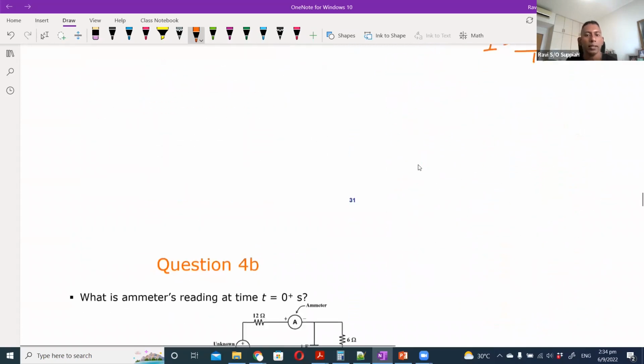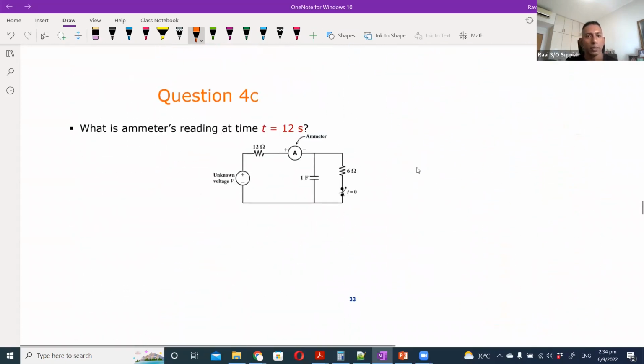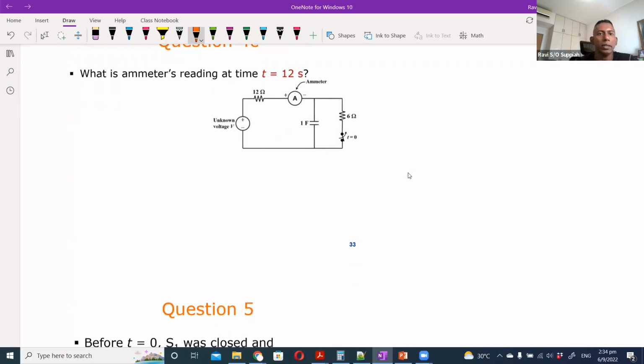And the last part here is the ammeter's reading at time t equals 12 seconds. So this comes back to the formula, right? The full transient formula: VC(t) equals VC0 e to the minus t over tau plus VC infinity times 1 minus e to the minus t over tau.